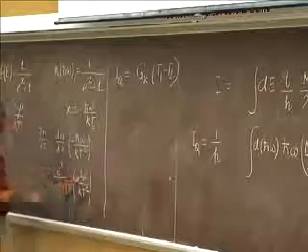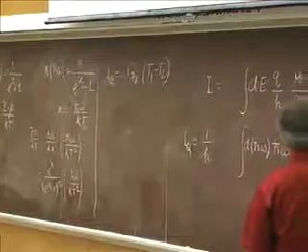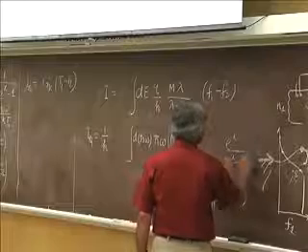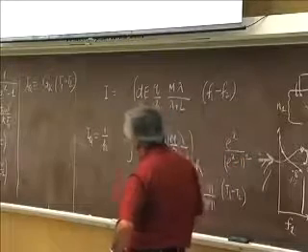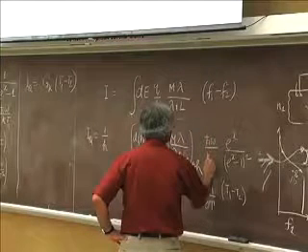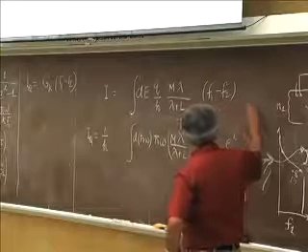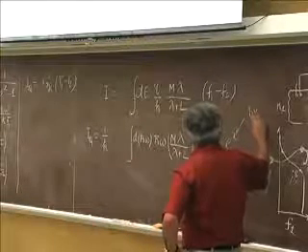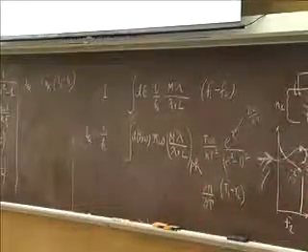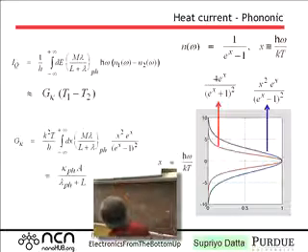The minus is gone because, so I think you should get, and note that the x of course is h bar omega over kT. So I think this is the expression I have on this. Basically what you get is summarized up there.